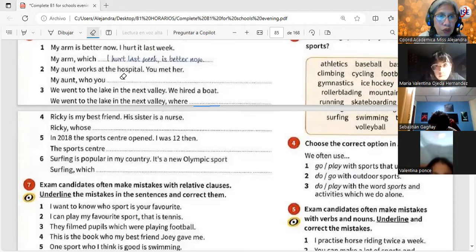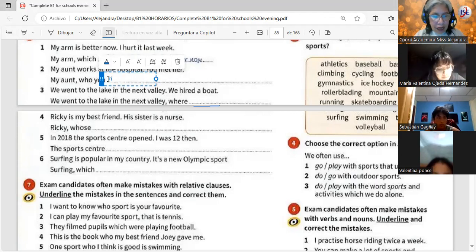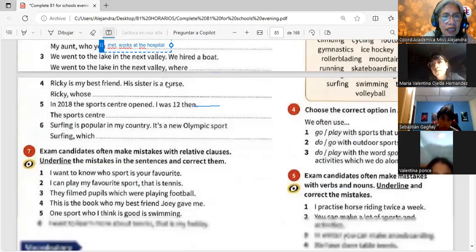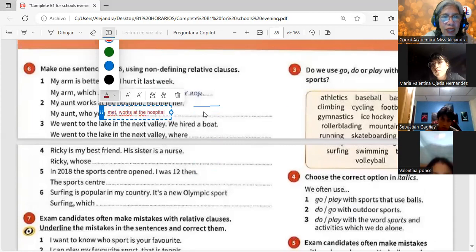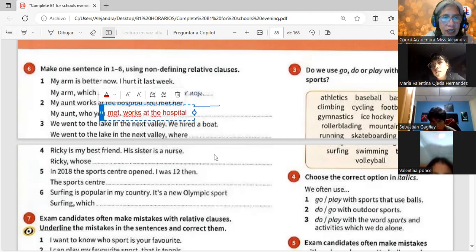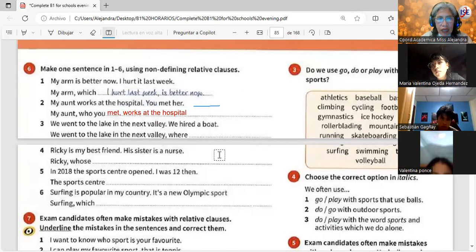My aunt, who you met, comma, works at the hospital. I am combining the one sentence with the other by using the relative clause structure. My aunt who you met works at the hospital.